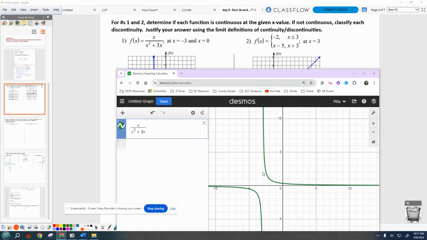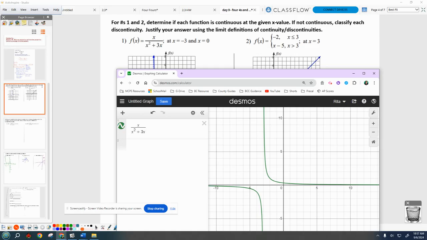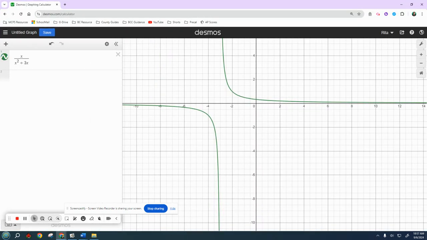All right, guys, Desmos. How many of you use Desmos? If you want to know what the value of the function is at 2, you put your finger on it. So at 2, it's 0.2.